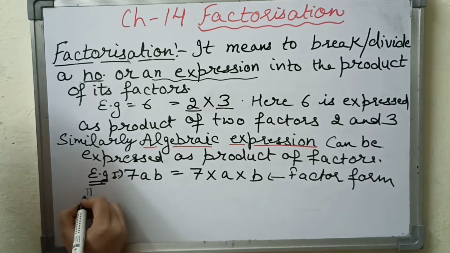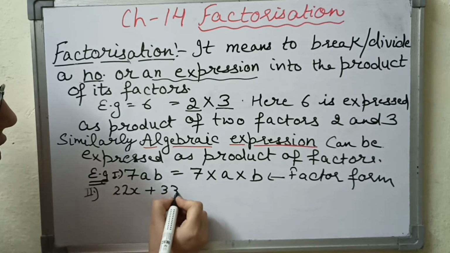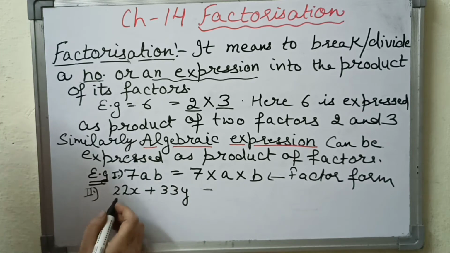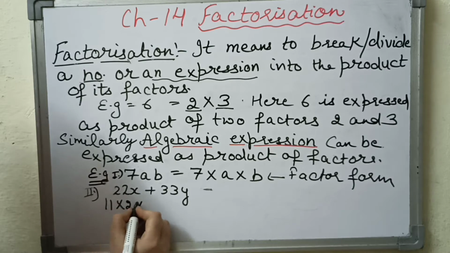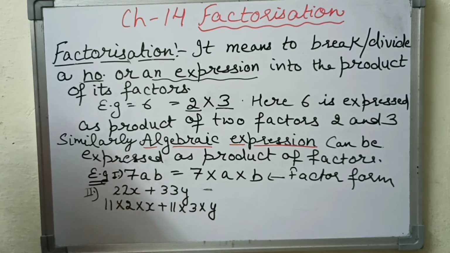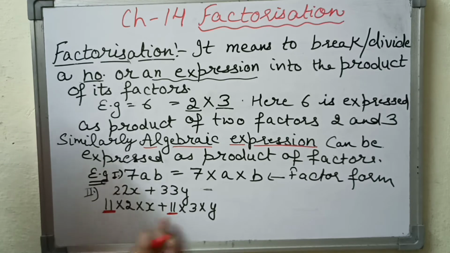Let us take another example, 22x plus 33y. Now, this is the case of a binomial. Here there are two terms. 22 can be written as 11 into 2 into x and 33 can be written as 11 into 3 into y. Now here you see in both the terms 11 is common.